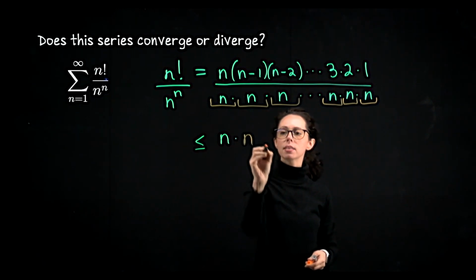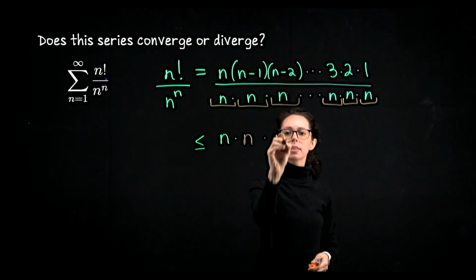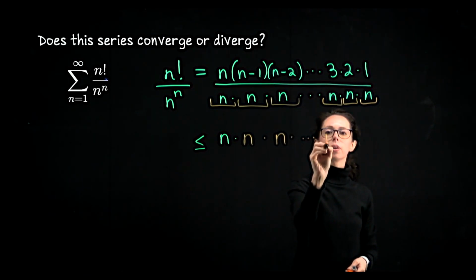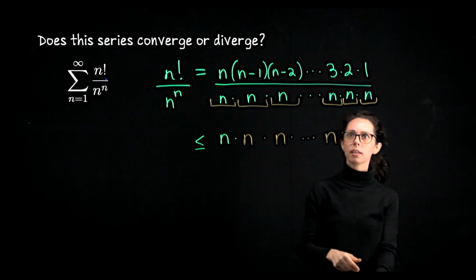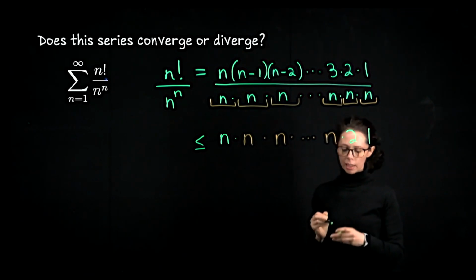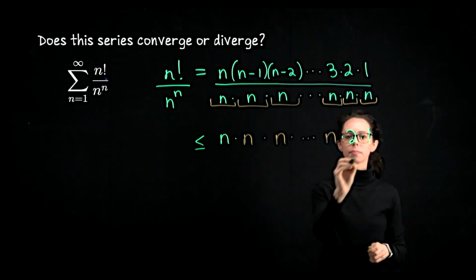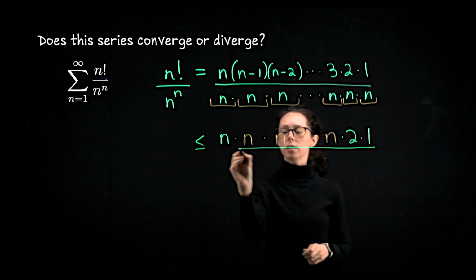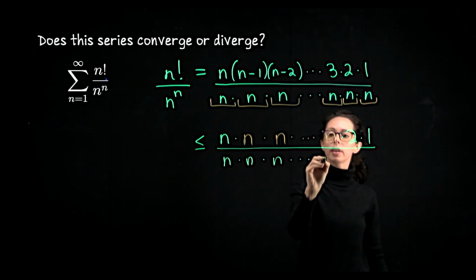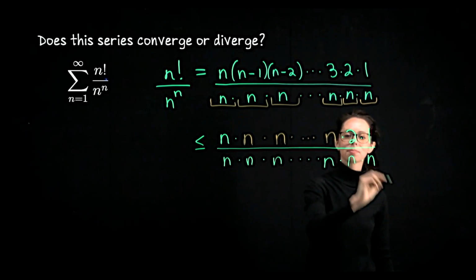So I'm going up in size. N minus 2, let's replace that with n, and keep going until we get to replacing 3 with n, and then leave 2 and 1 as they are. This is my new numerator. Divide it by the original denominator, n times n times n, all the way down to n times n times n.